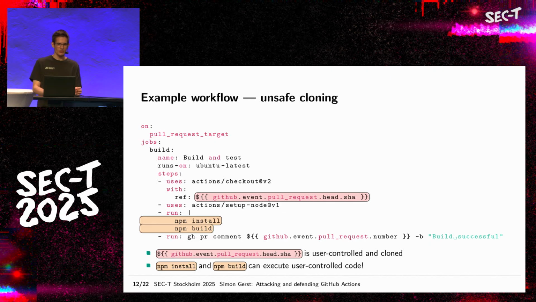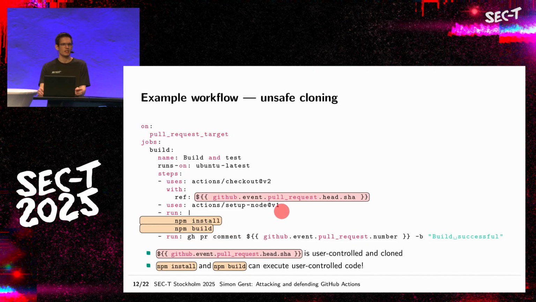So we have this example. We have our insecure pull request target trigger. And here we check out the code. And this SHA value is attacker controlled. So I check out some code from my attacker. Then I install dependencies and I build some stuff.